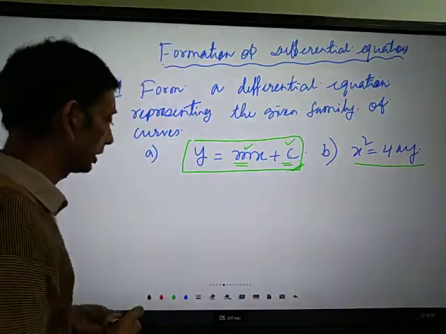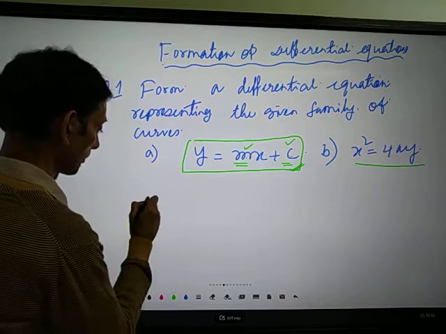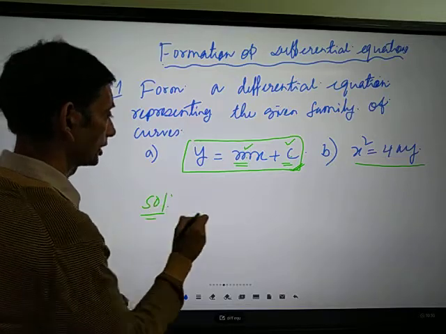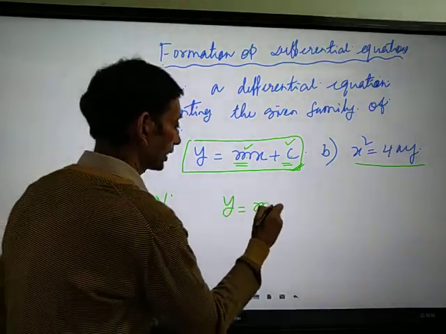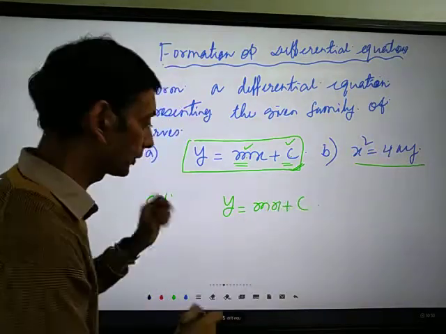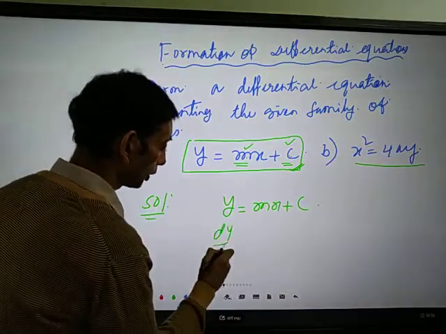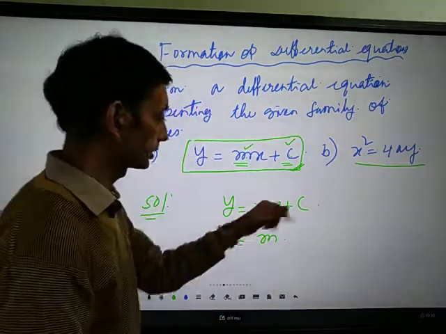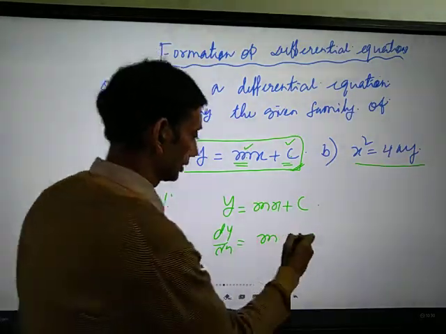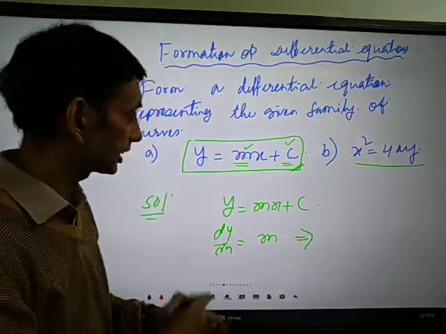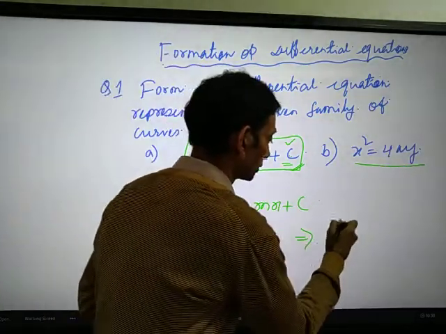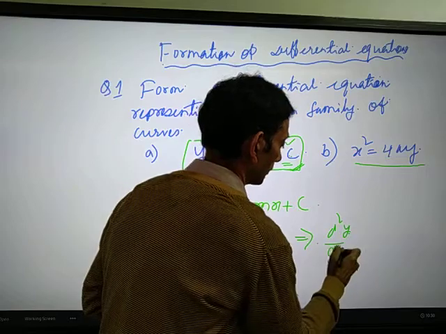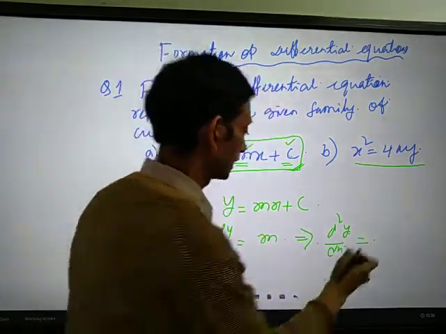So let us try to solve this. y equal to mx plus c. If you differentiate, dy by dx will be m, because c is constant. Then we'll differentiate once more: d2y by dx squared, so this gives us 0.